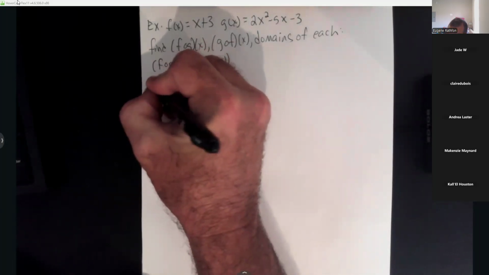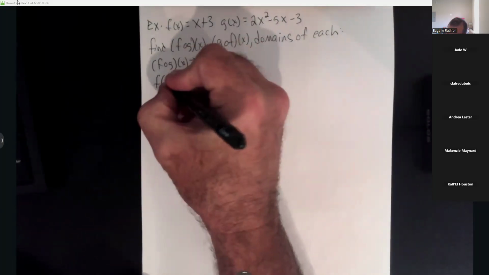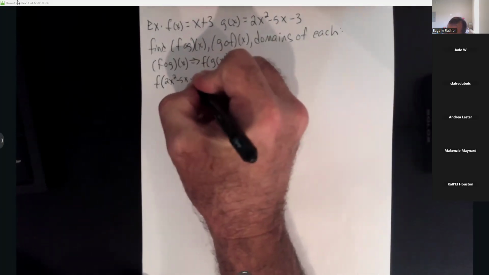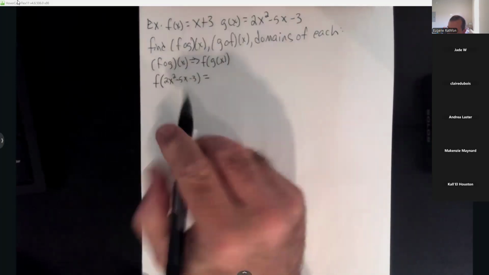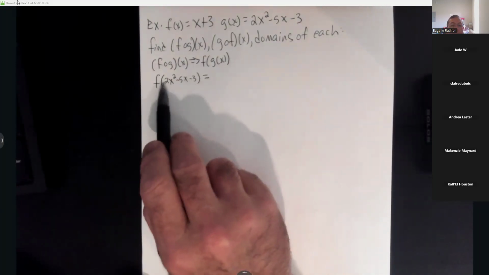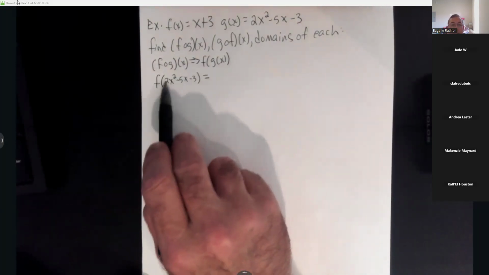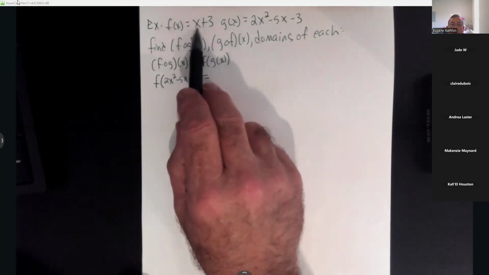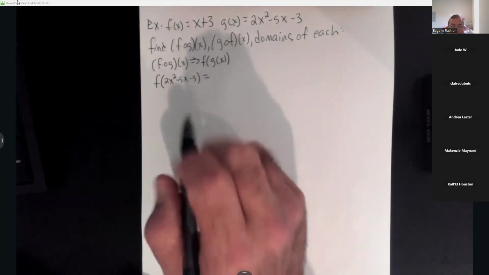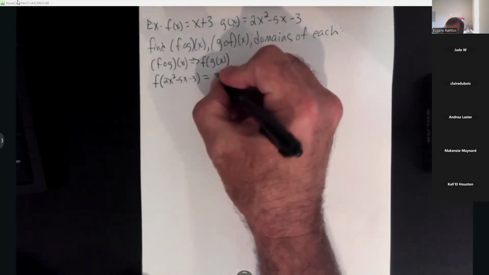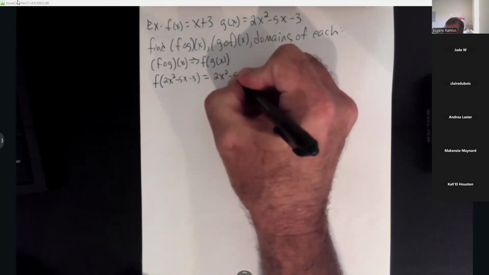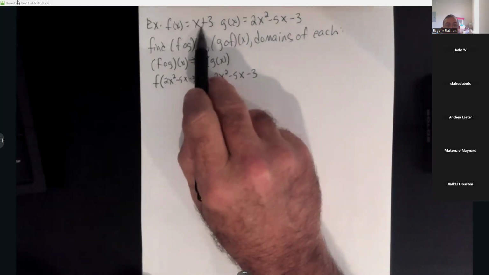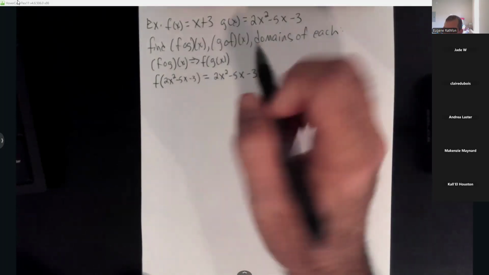So I'm finding f of 2x squared minus 5x minus 3. Remember, when I put stuff into these parentheses with my f, this is telling us what we're putting in for our x's, okay? So here's the f. In place of that x, you're putting this 2x squared minus 5x minus 3. Now that's the x, and we still got a plus 3.